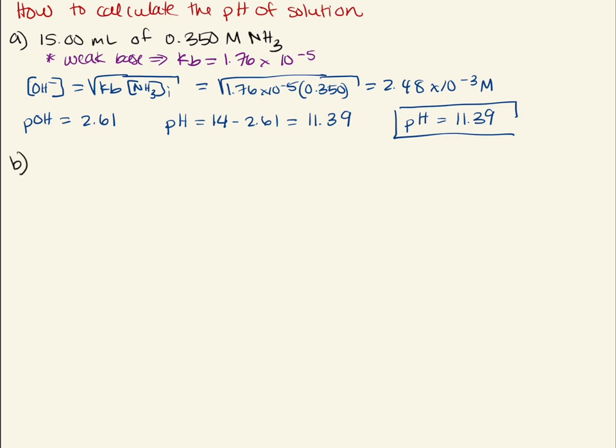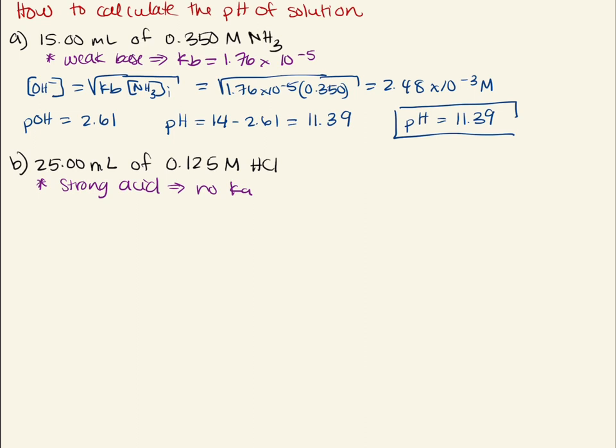is 25 milliliters of a 0.125 molar hydrochloric acid. So here I know we have a strong acid. So there is no Ka because it is a strong acid.